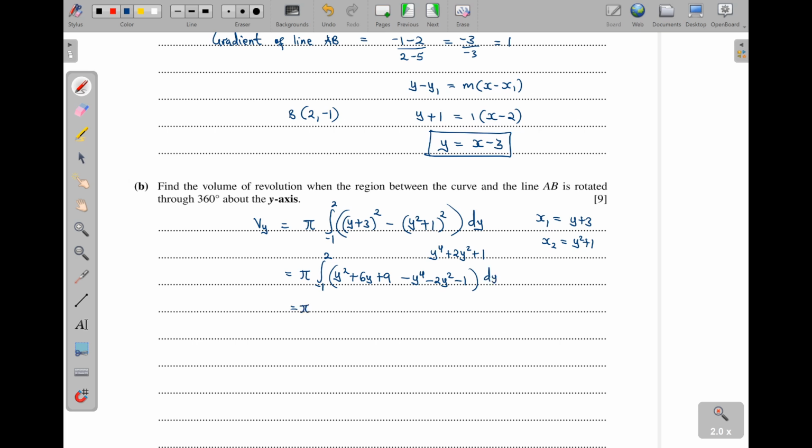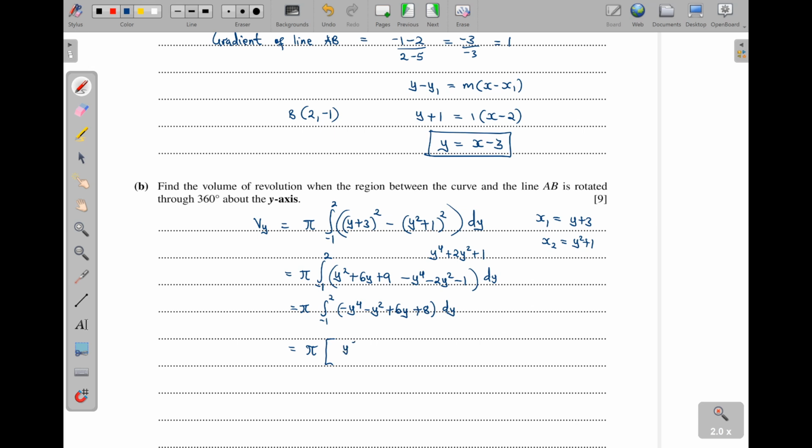Okay, so we have pi, the integral from -1 to 2. So we have minus y power 4, y squared, then minus 2y squared. That one will give us a minus y squared, and then plus 6y, 9 minus 1, that will give us 8, then dy.